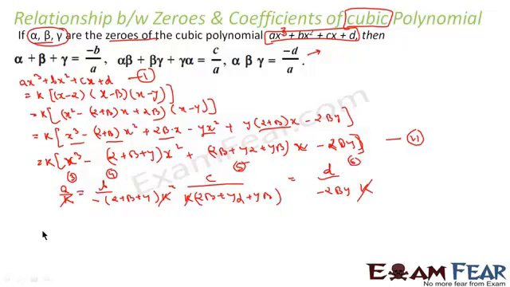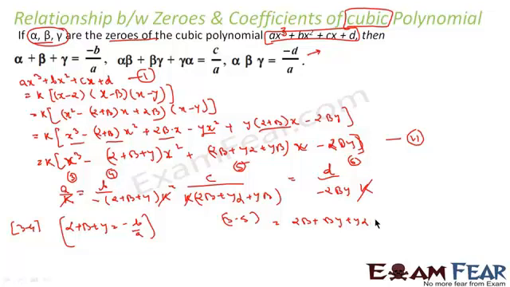Now when you compare 3 and 4, what do we get? Alpha plus beta plus gamma is equal to minus b by a. Similarly, if you compare 3 and 5, you get alpha beta plus beta gamma plus gamma alpha is equal to c by a.